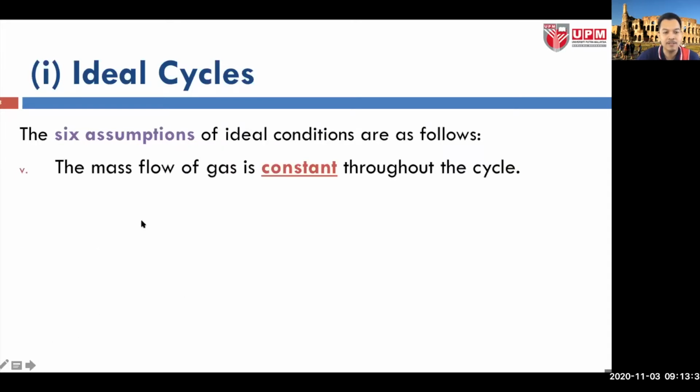Assumption number 5 is that the mass flow of gas is constant throughout the cycle. So the m dot, we can consider it as constant, from the inlet until the nozzle.